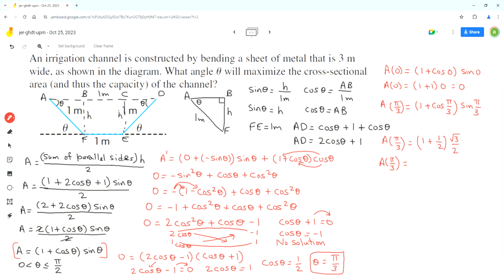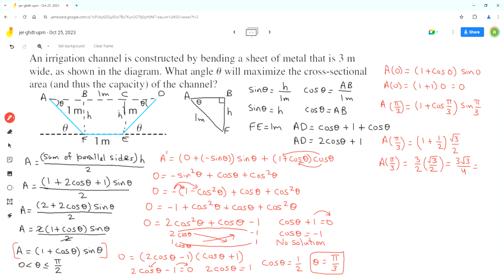Now 1 plus 1 over 2 is equal to 3 over 2. Now we can multiply these fractions. So 3 times square root 3 is 3 square root 3 over 4.